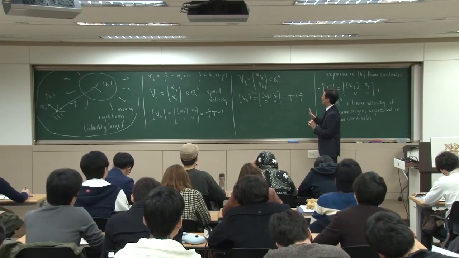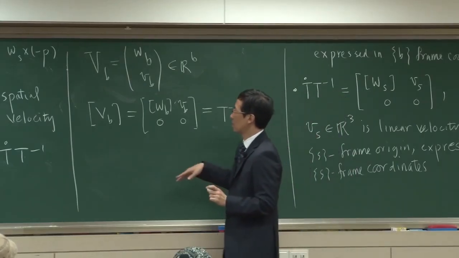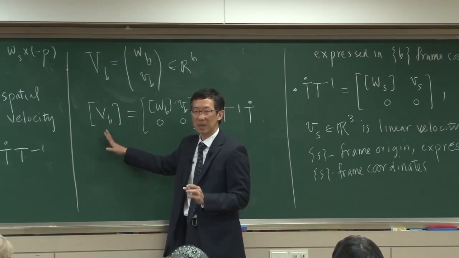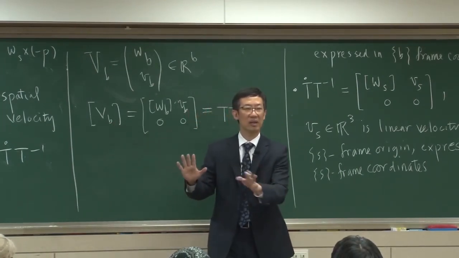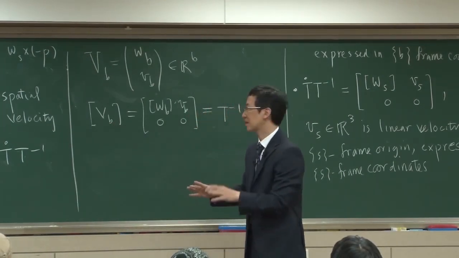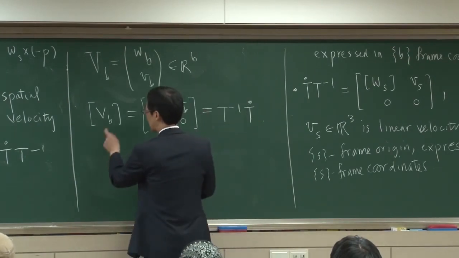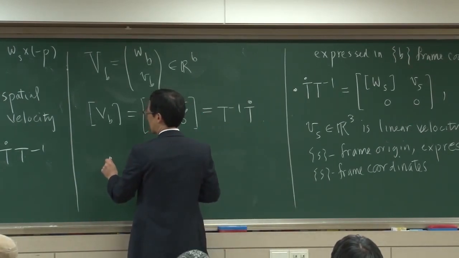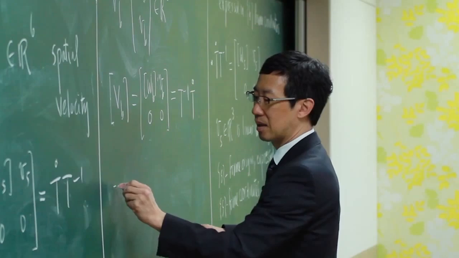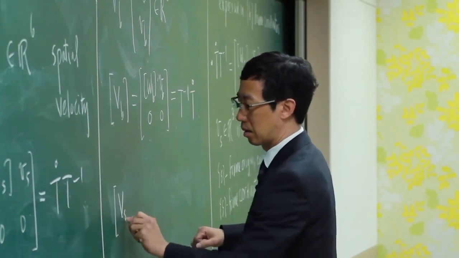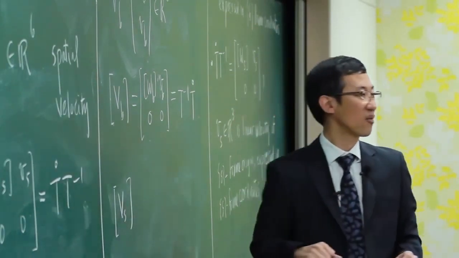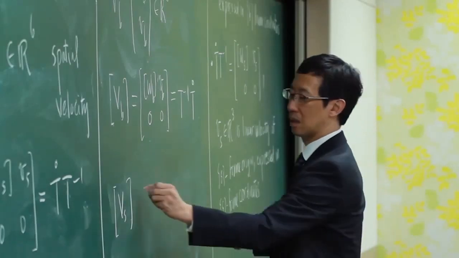All right, so the relationship between V sub b and V sub s, we can write in a number of ways. Let's start with the matrix version. If we want to get V sub s from V sub b, what would we do?